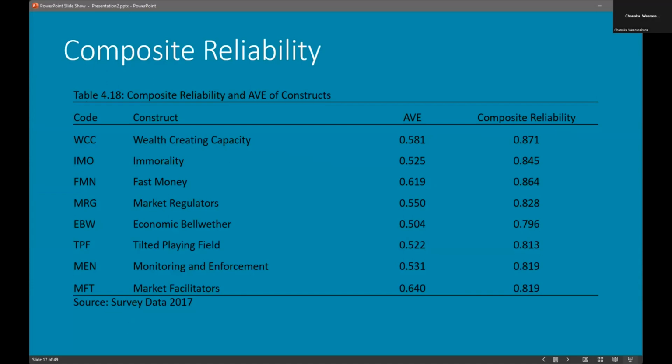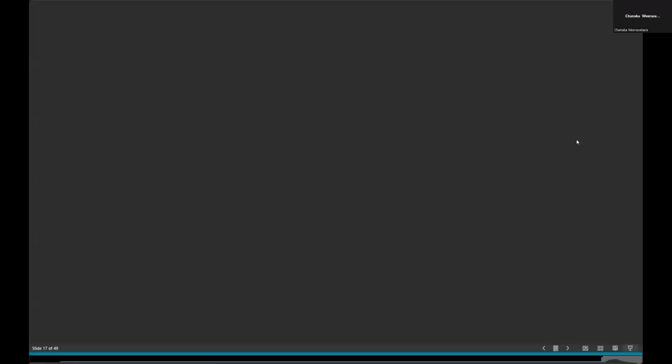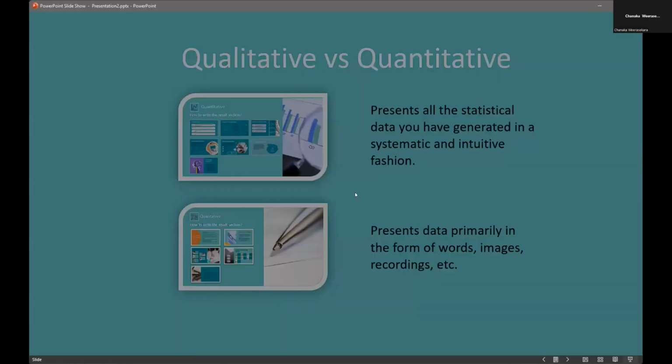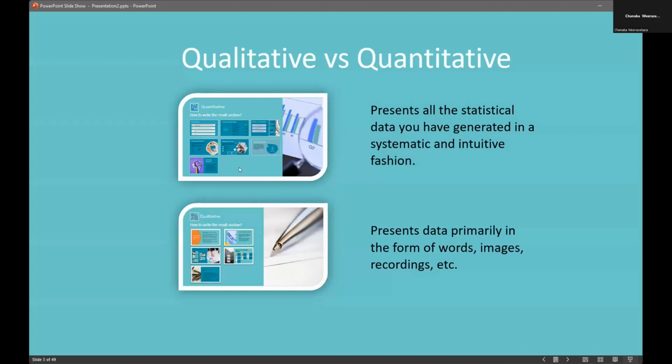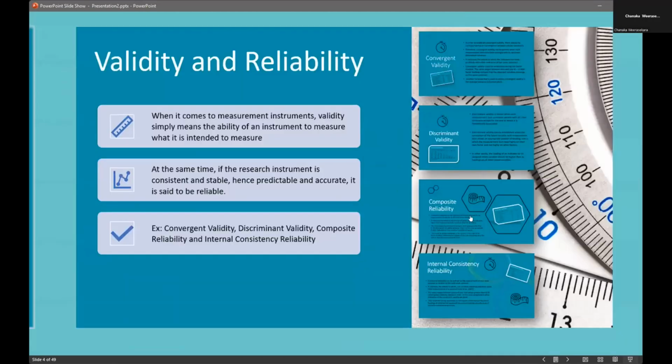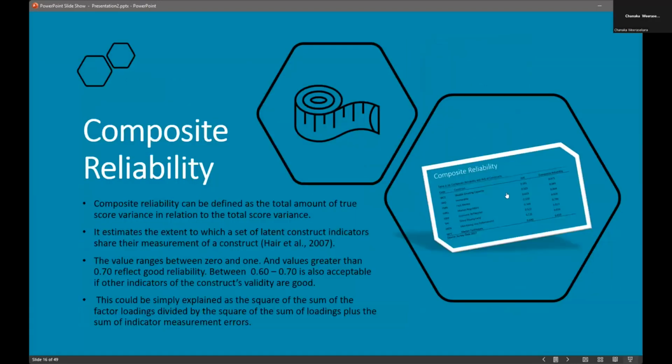But in case you are doing factor analysis, you can run all these things and report them, so that it will increase the reliability and validity as well as the rigor of your report. So that's the main idea here. We were discussing reliability and validity, and the composite reliability.